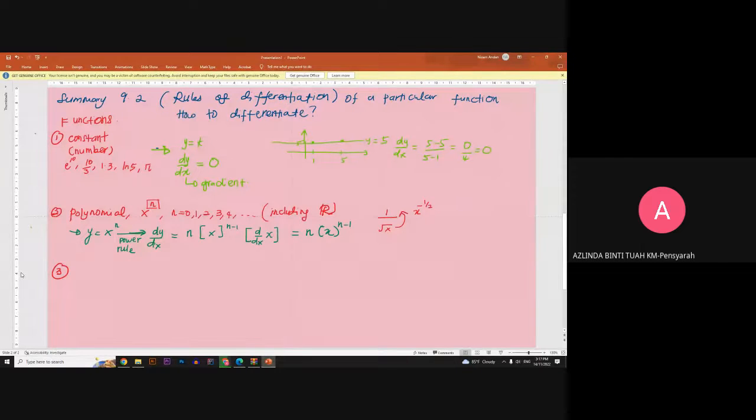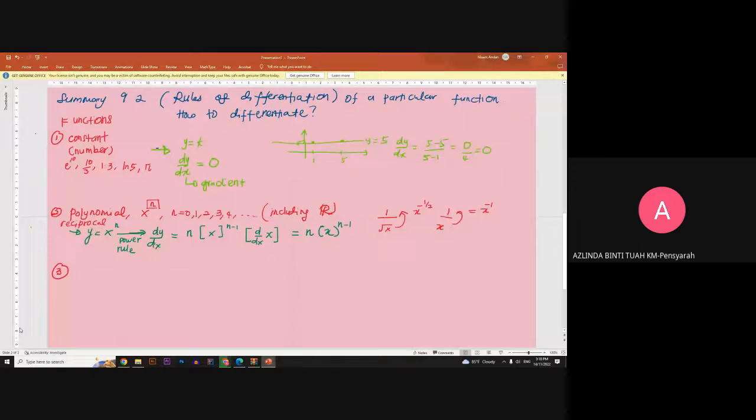Reciprocal berada di sini juga, including reciprocal 1 over x. So kalau 1 over x dekat bawah, dia akan naikkan ke atas dahulu, jadi x power of negative 1, barulah boleh apply power rule. Okay, kalau nak differentiate absolute value, dulu dia punya modulus, satu positif, satu negatif, lepas tu differentiate one by one. Okay, what else? We have exponent. So exponent akan masuk dalam 9.3.